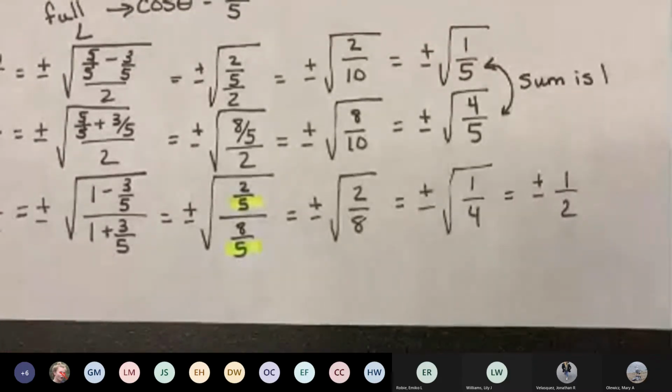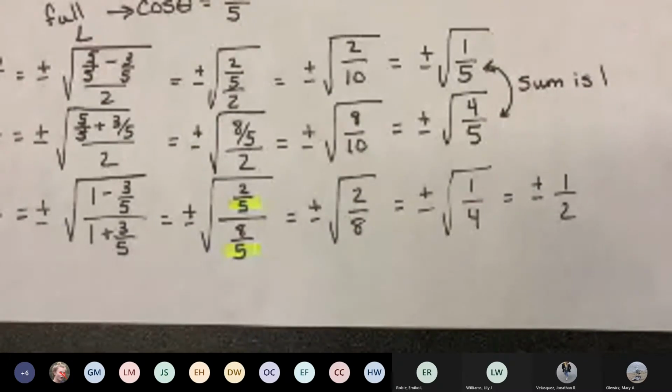But I'm not going to ding you if you don't simplify that radical. All right, who has questions about how to do a problem where you're asked to do sine of theta divided by 2, cosine of theta divided by 2, tangent of theta divided by 2? Y'all doing okay? All right, then let's go to our second type of problem today.